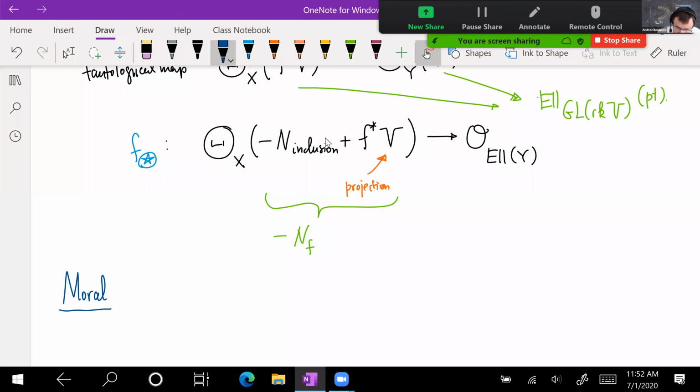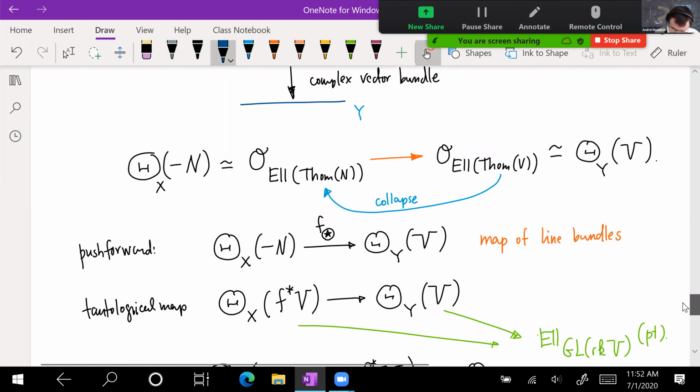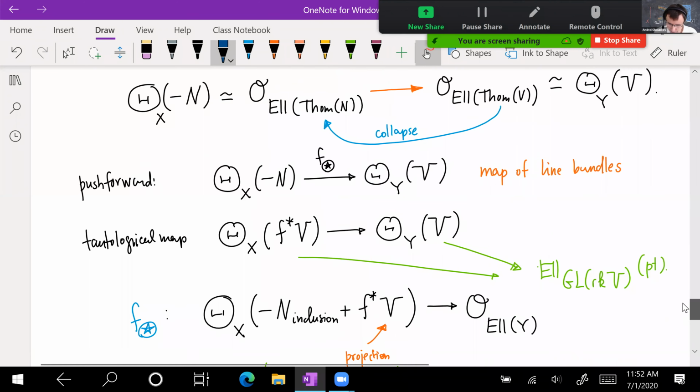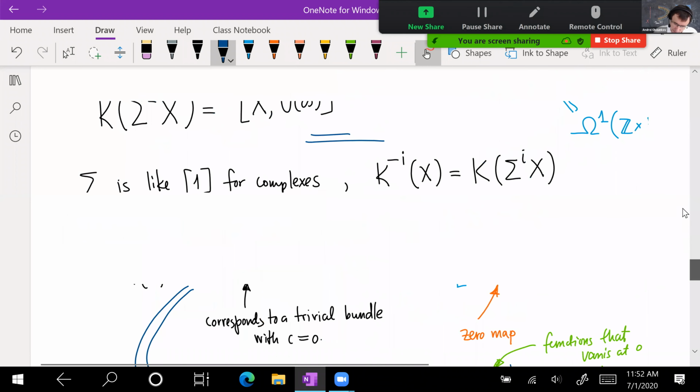And so maybe a moral from the definition is that in this push forward, the inclusion and projection come with opposite signs. I don't know if I emphasized this or not, but when we defined these theta bundles, we used it here. So maybe we go all the way back.